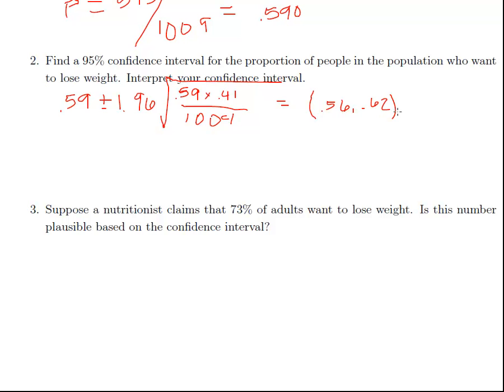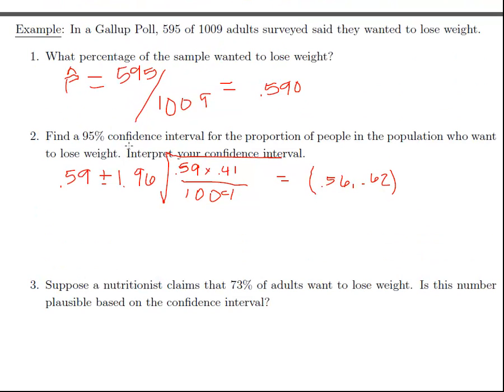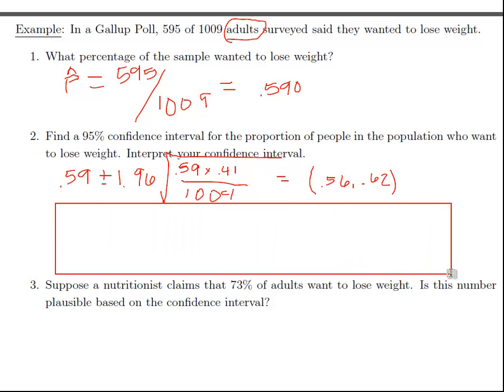So we are 95% confident that between 56% and 62% of adults want to lose weight. The sample proportion was 59%. That was in the Gallup poll, but we want to extend this to the population, which is all adults. So I can interpret that confidence interval.